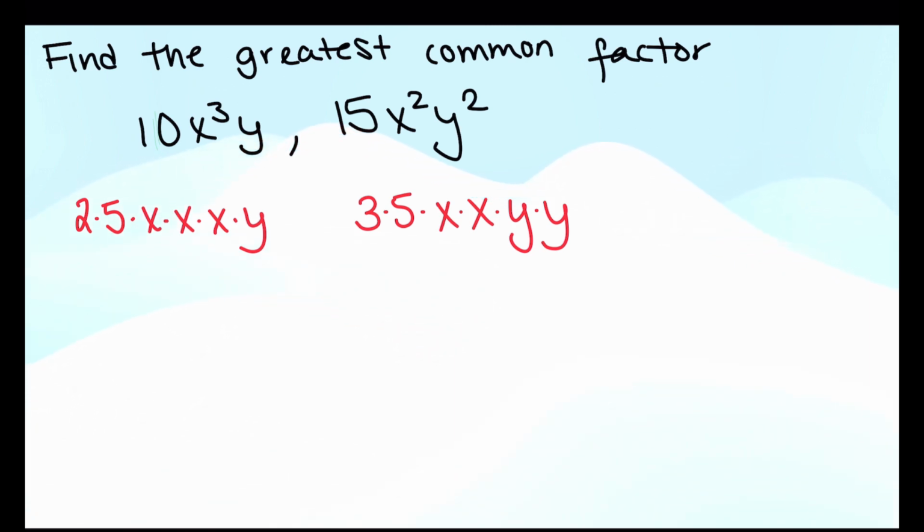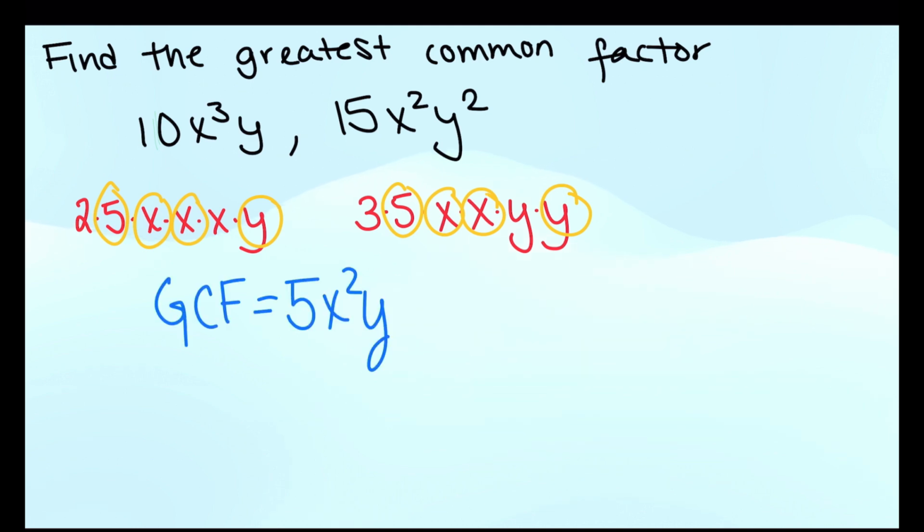We can use the same process of looking for factors that these terms have in common. They both have 5s. They also both have 2 factors of x and 1 factor of y. So the GCF would be 5x squared y.